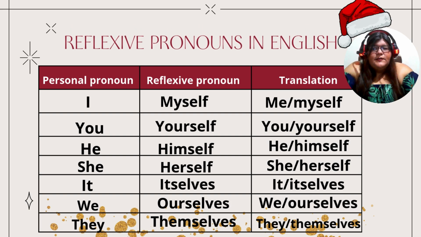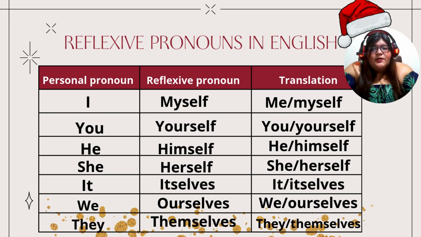Then let's see reflexive pronouns in English for you to understand a little bit better the differences between them. Personal pronoun is the subject, right? I, you, he, she, it, we, and they. And the reflexive pronoun, pay attention because this is the topic that we are studying today.